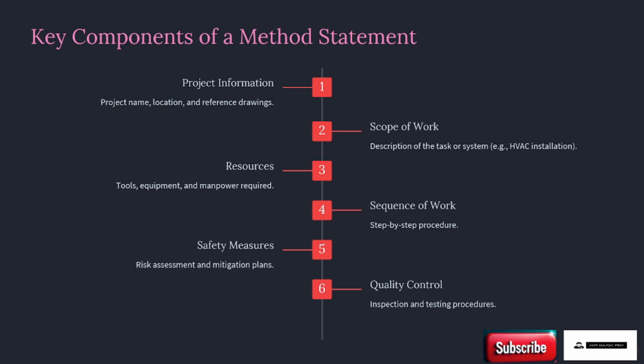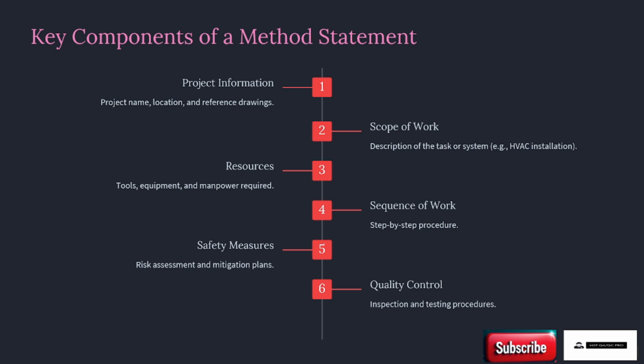The next one is the scope of work. What is the scope of work? As an example, suppose in your project you need to install the duct. So your scope is installation of the duct. You have to write the scope like supply, installation, testing, commissioning, everything you need to include.